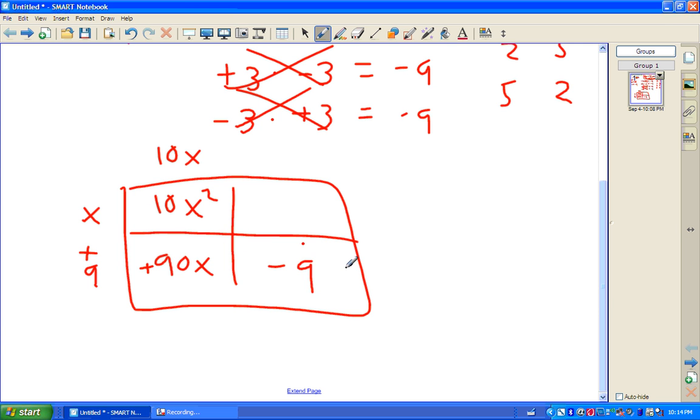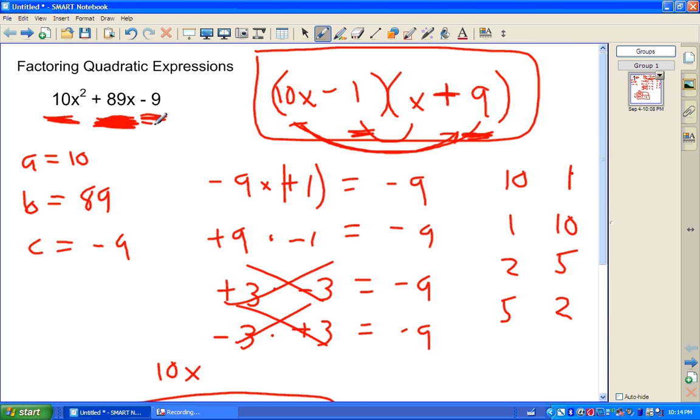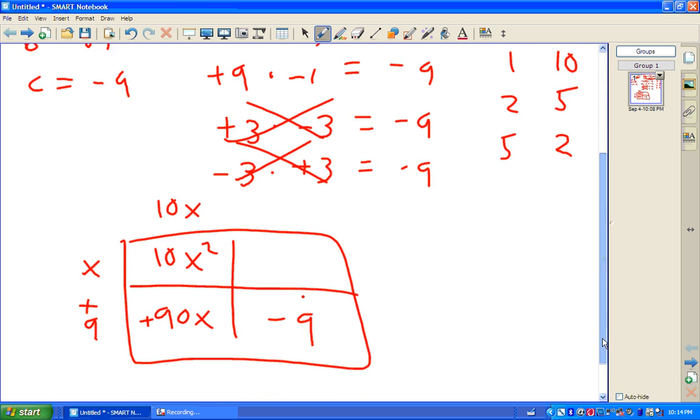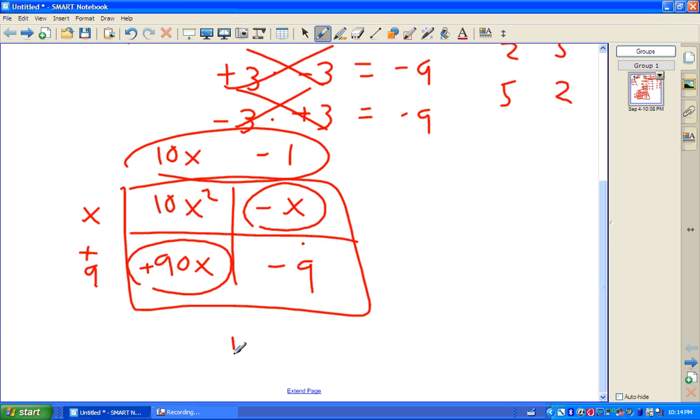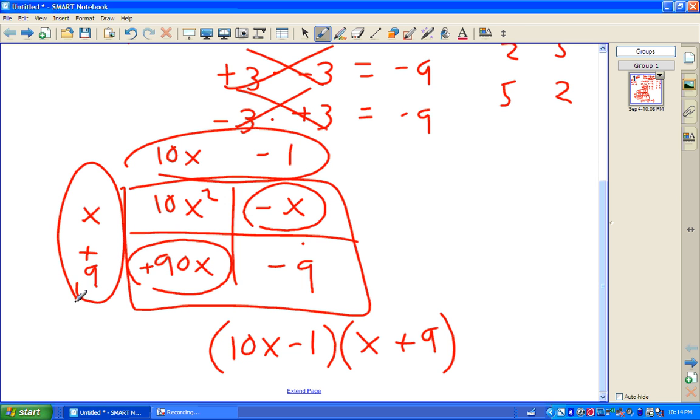Remember, I had a minus 9 for my c value. The only way to get a plus 9 and a minus 9 multiplying here is a minus 1. Now when I do this, minus 1 times x, I'm going to get a minus 1x. My x's work out to plus 90 minus 1x gives me 89x. It works. So these are my factors: 10x minus 1, and then x plus 9, written vertically here, but that's where you get it.